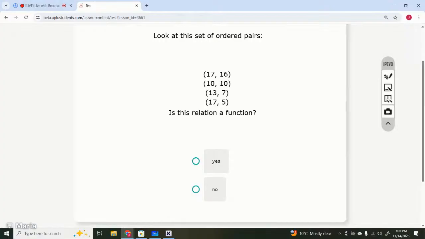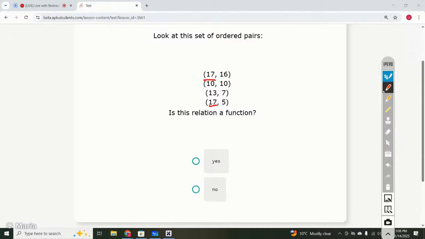Look at this set of ordered pairs. Is this relation a function? So you can see 117 is mapped to two different values of y. See here, this one and this one.